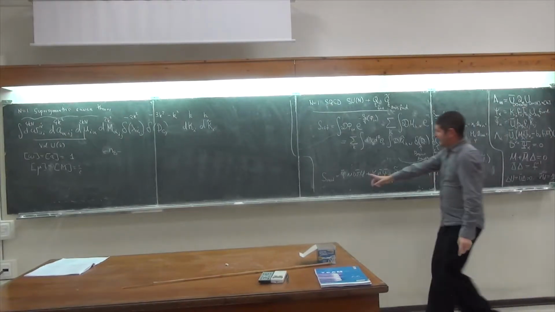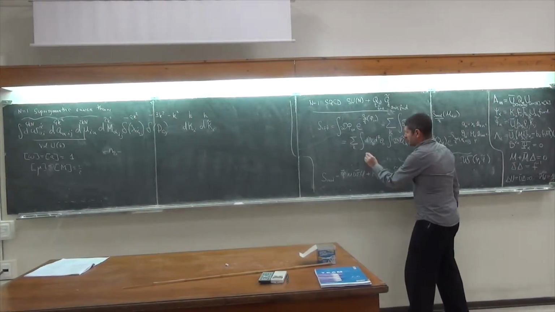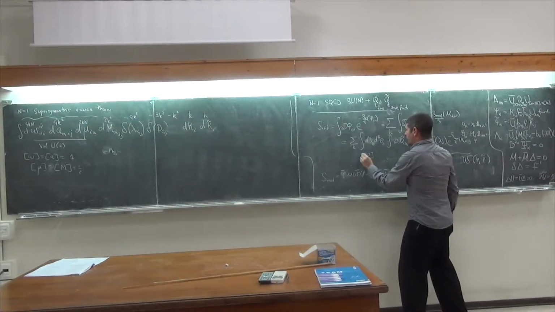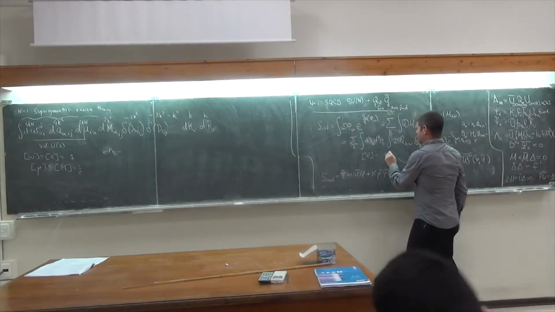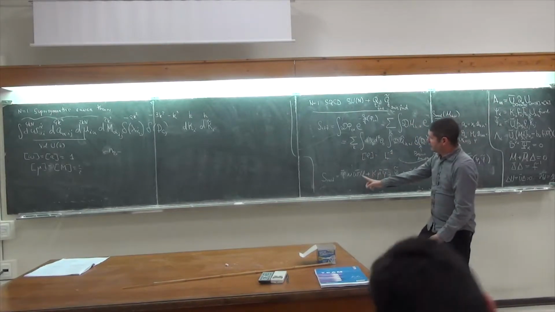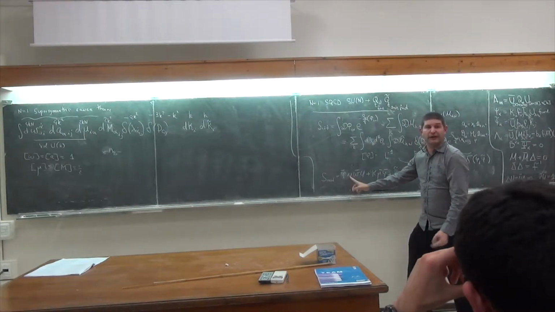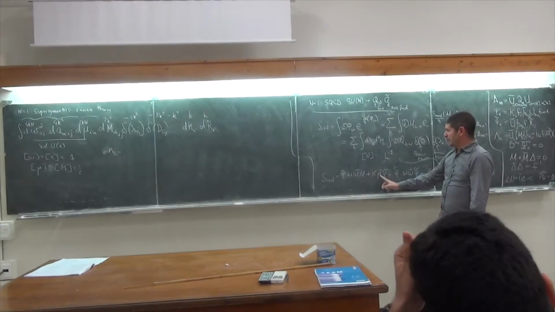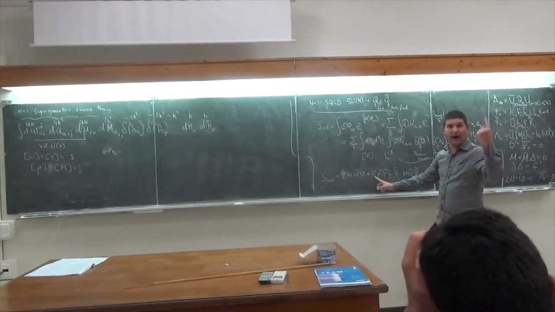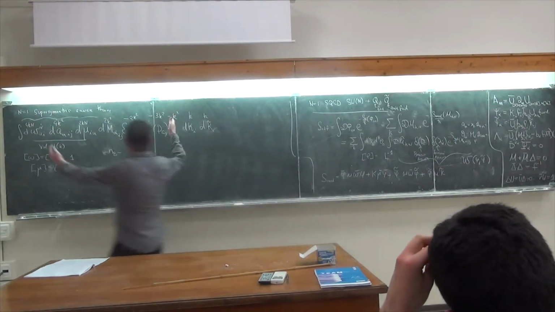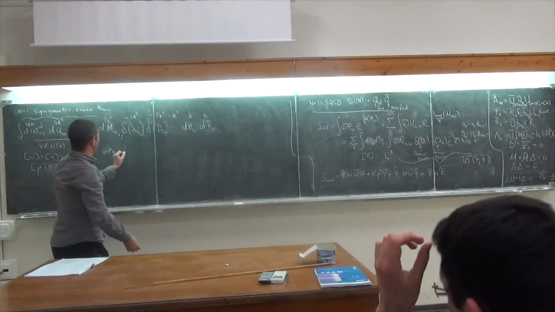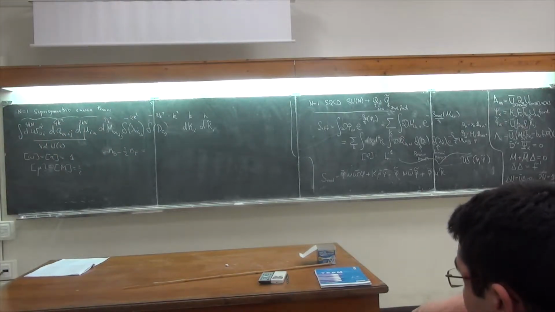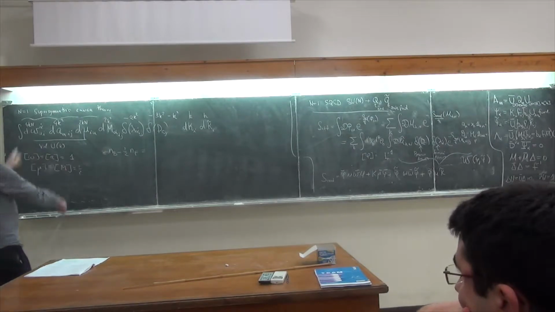For example, let's say phi has dimension of energy, the length dimension minus 1. If this is length to the minus 1, W should have length to the 1, and mu of K should have length to the 1/2. Therefore, the length dimension of this is the number of bosons plus or minus half the number of fermions. What is that? This is 4 Kn.